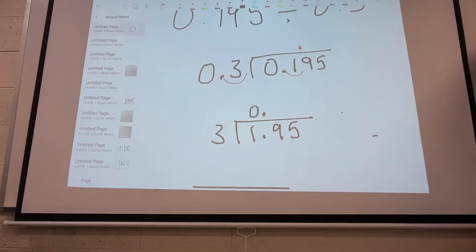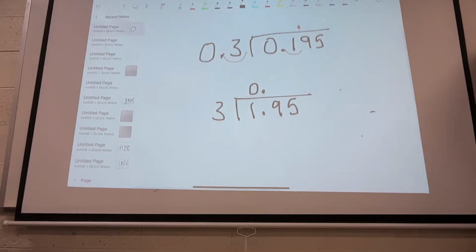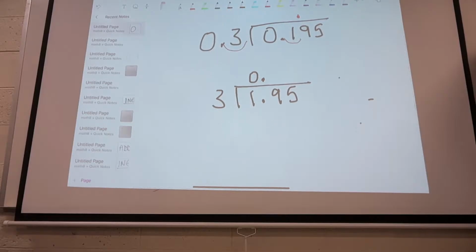How many times does 3 go into 19? What's up? 19. 3 times what gets you close to 19? 3 times 6 is 18.